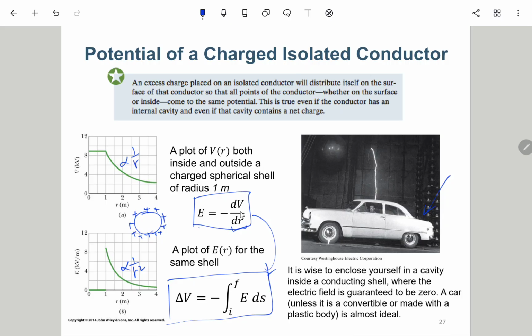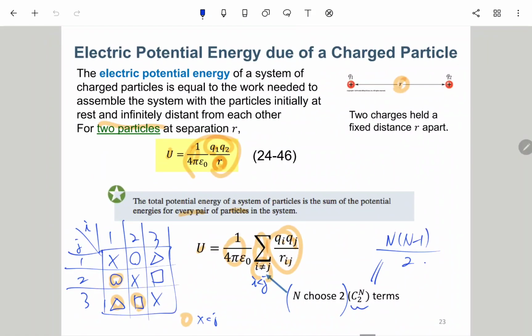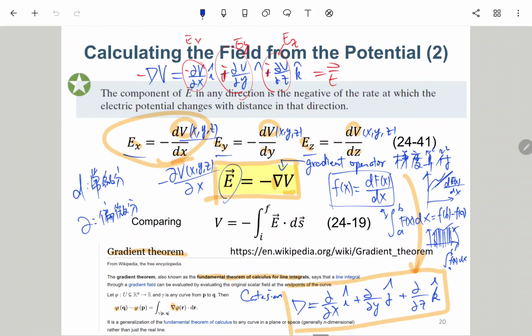We can have a V, take the derivative and a minus sign, and we have E. Or we can have E dot ds, take the line integral and then the minus sign, to become V. Just now I forgot to mention why I mentioned the gradient theorem: the gradient and this line integral are inverse operations to each other.